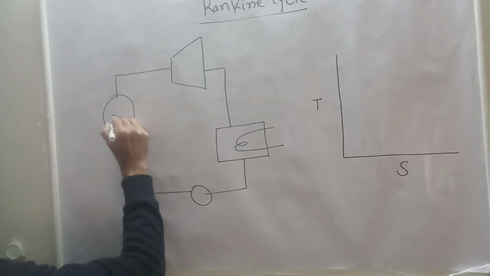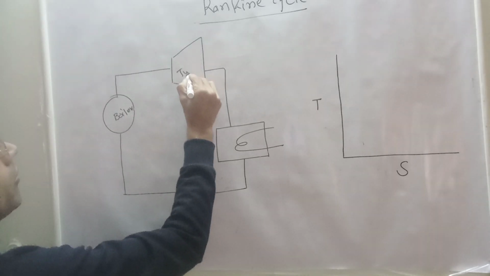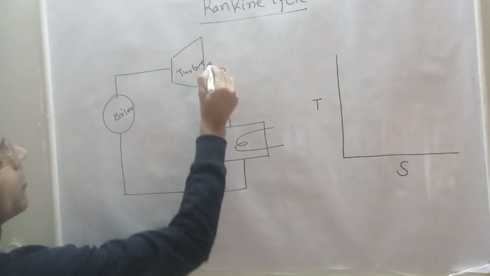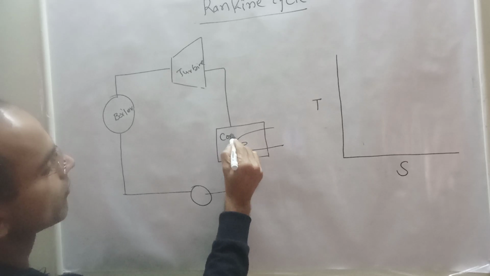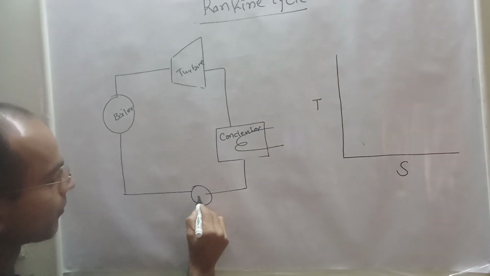So this is the boiler, this is the turbine, this is the condenser, this is the pump.